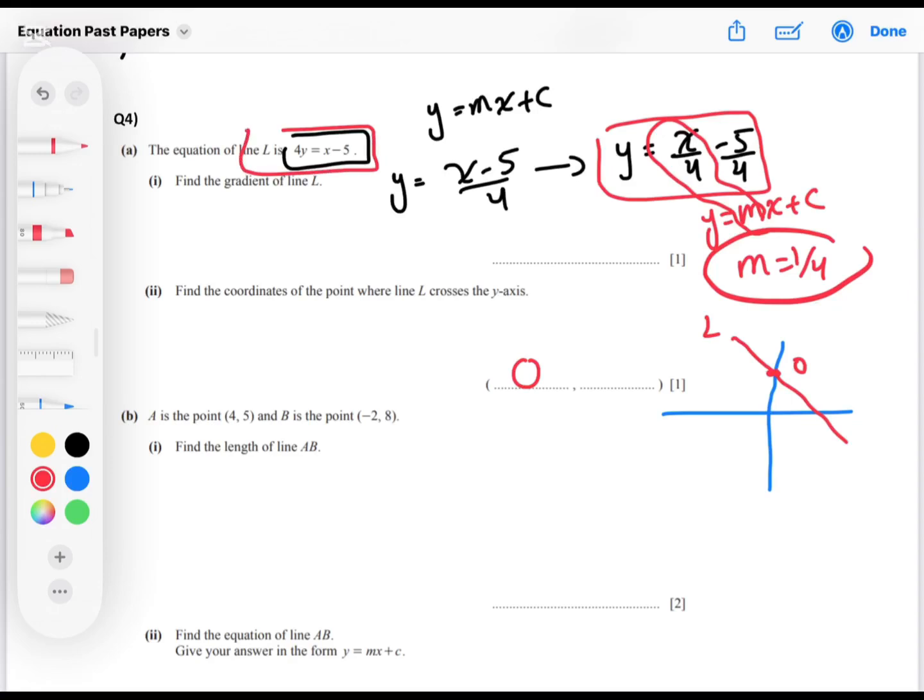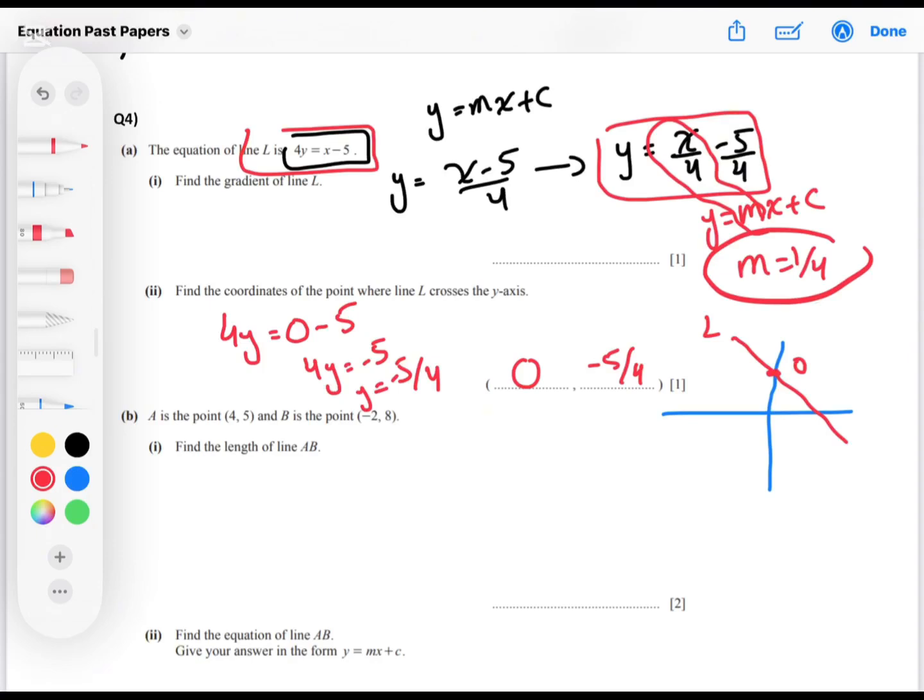The equation of line L is 4y is equal to x minus 5. Put 0 in place of x, so 4y is equal to minus 5, y is equal to minus 5 over 4. So the coordinates where the line crosses the y-axis are 0, minus 5 over 4.